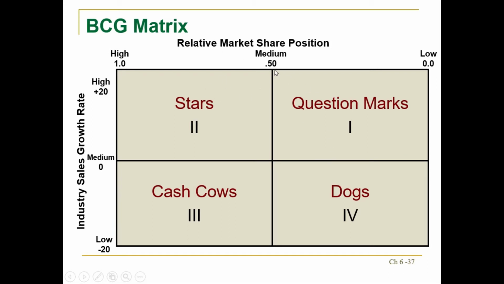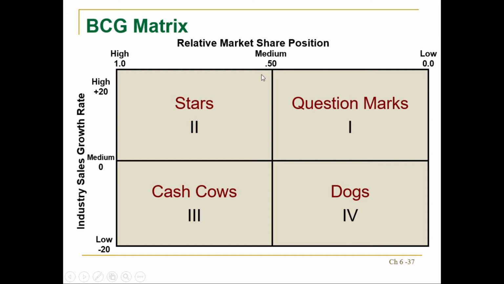If it is carrying less than 50%, it would be located on the right side, in the question mark or the dog side. Or if a firm is carrying more than 50%, it would lie on the left side of the blocks, either on the star side or in the cash cow area.